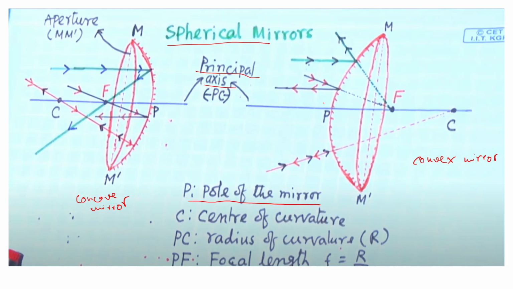We'll talk about this, but to understand, these are the basic parts of the curved or spherical mirrors: center of curvature, radius of curvature, pole of the mirror, and focal length, which is half of the radius of curvature.